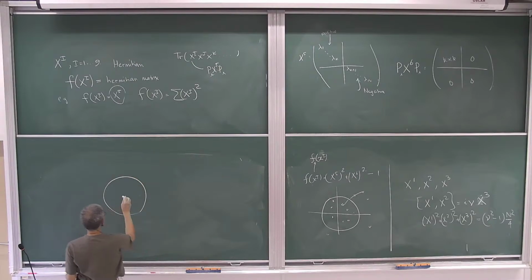So roughly speaking, this is like x3, x2, and x1. And you want to calculate the thing for a cap like this. Okay.